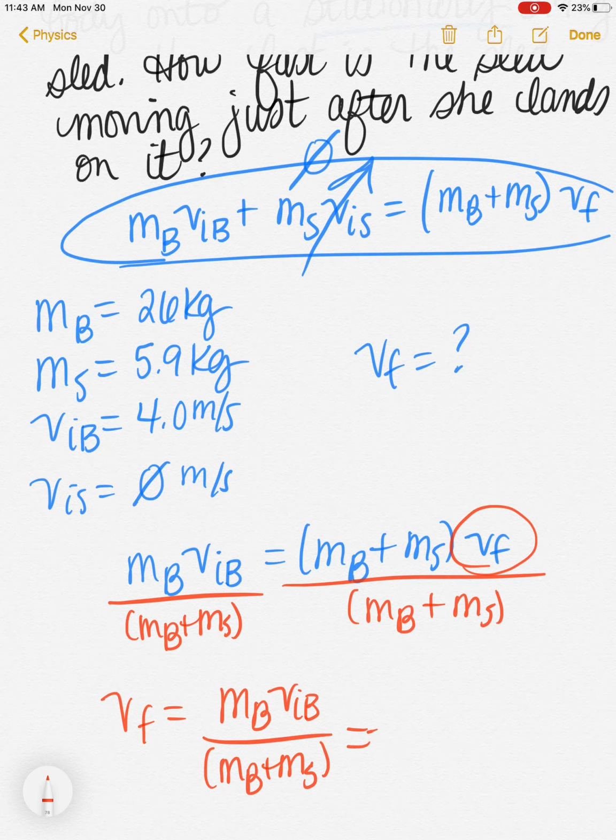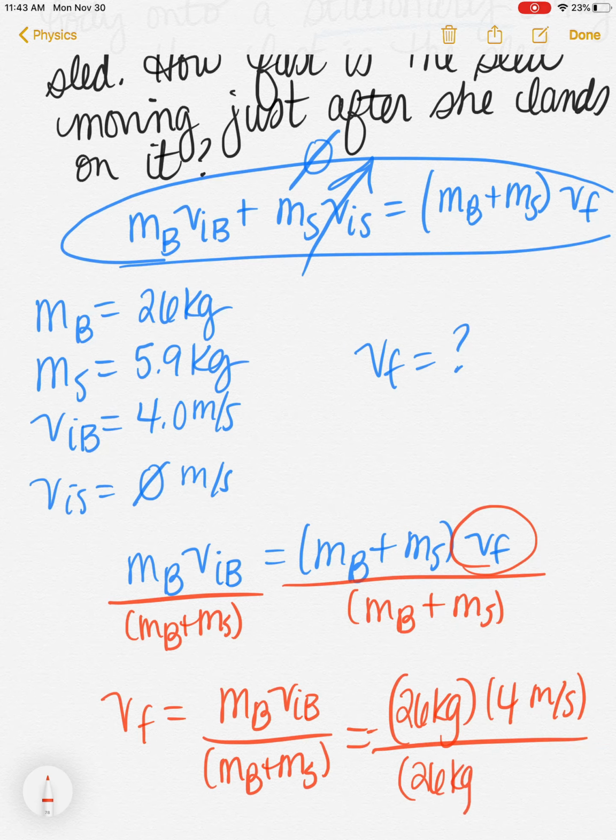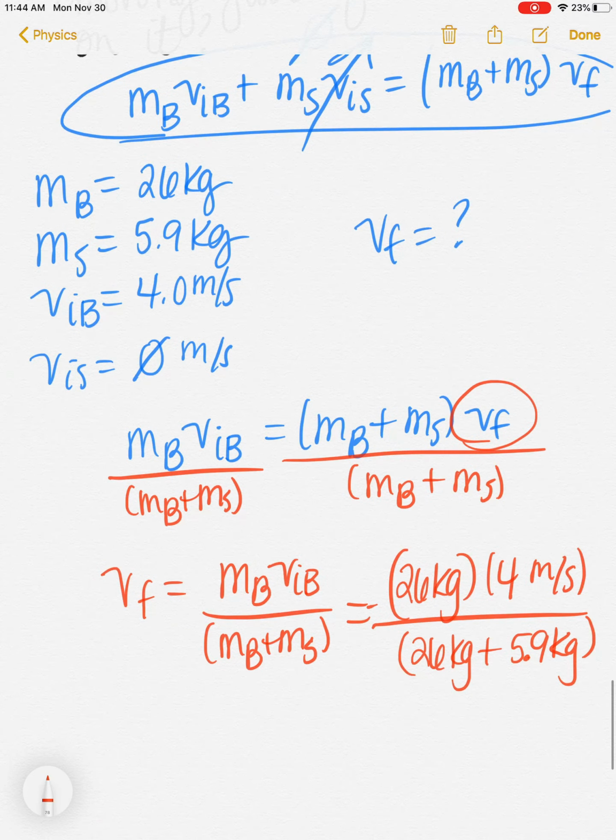So the mass of Bailey is 26 kilograms. Her initial velocity is 4 meters per second. And in the denominator, I'm going to have 26 kilograms plus 5.9 kilograms. Now, the number one place that I see people mess up on this is they forget that that has to be a quantity, the total mass, in the denominator.